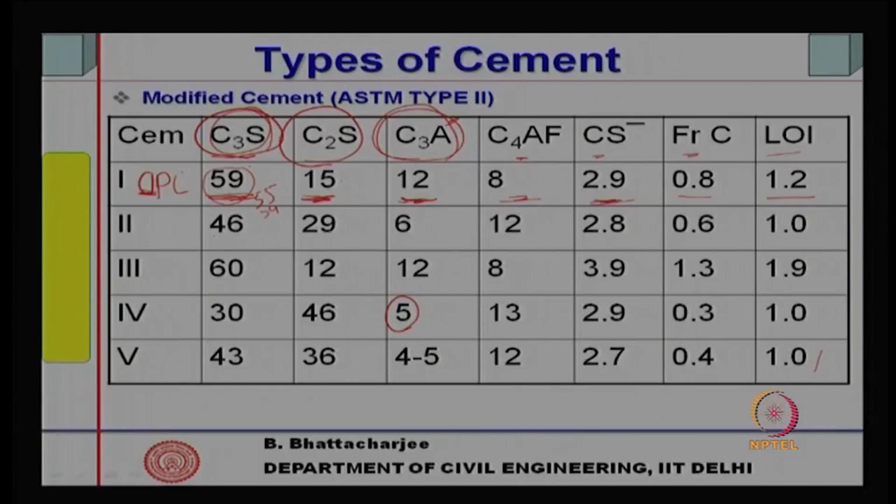So, let us see one by one. Type 2 cement is called modified cement. It is actually somewhere between type 4 and type 3. It is not exactly low heat, but it is between these two. So, let us go downwards. Type 2, I will come to later on, come to type 3.